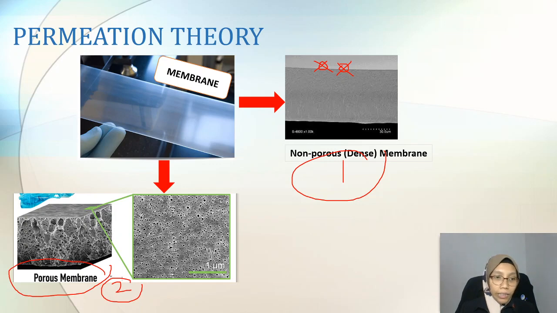But in the porous membrane, as you can see, there are black circles, these dots here, that are the pores. That's why we call it a porous membrane. For non-porous, there are zero pores on the membrane, so we call it a non-porous or dense membrane.